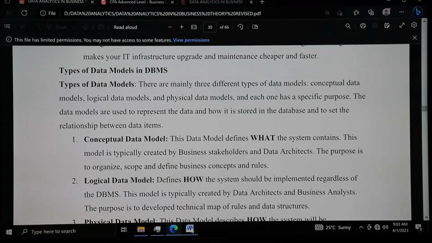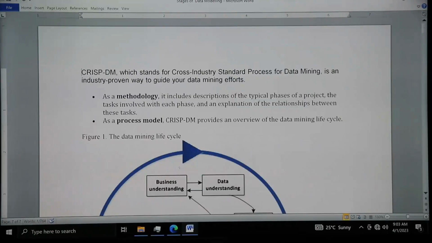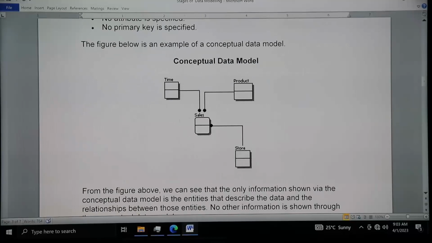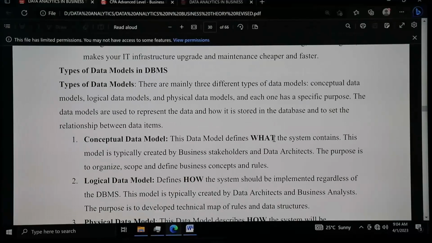Like in our previous example, the entities we used to develop a simple database model: time, products, sales, stores. That is what the system should contain. This model is typically created by business stakeholders and data architects. The purpose is to organize the scope, the structure, the main skeleton, and define the business concepts and rules.